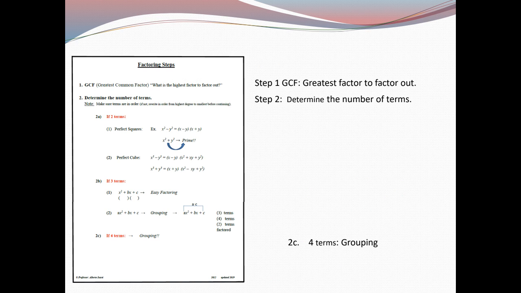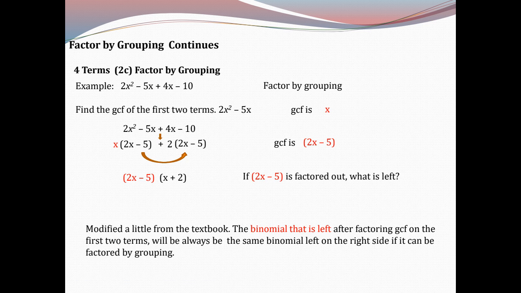All right. So again, determining the number of terms that we want to factor will help us factor. As you can see, the example 2c from the first slide that I gave you, we were factoring by grouping because we had 4 terms. But now let's look at this explanation a little bit in detail.